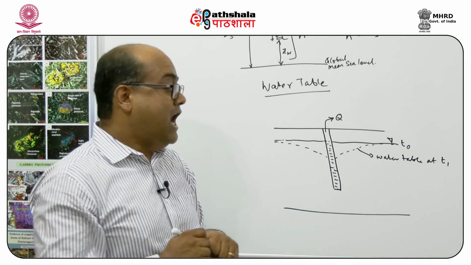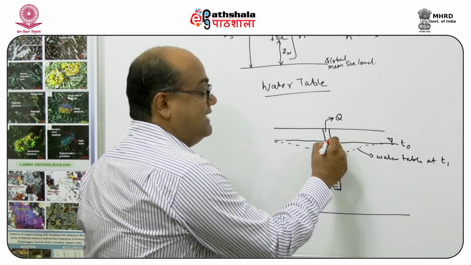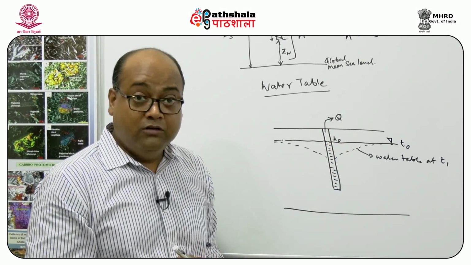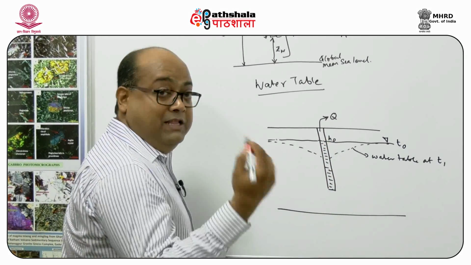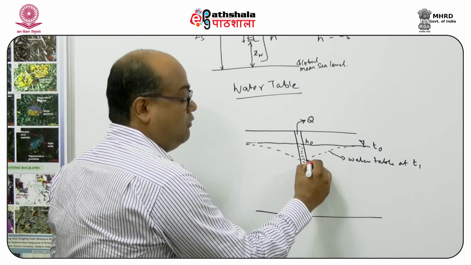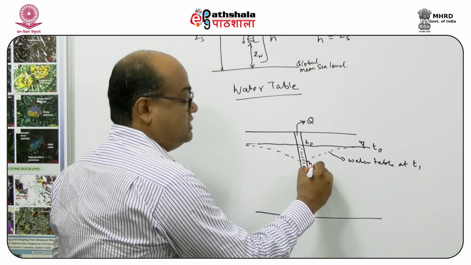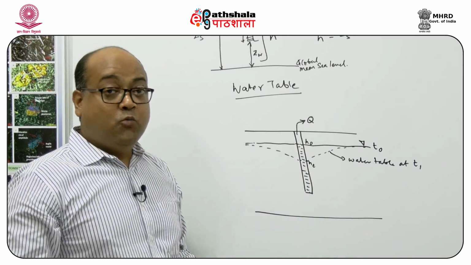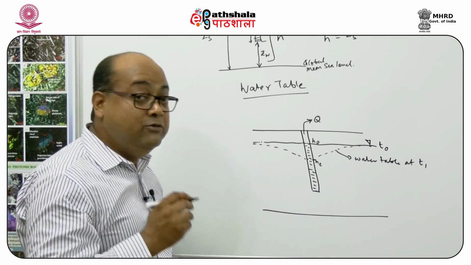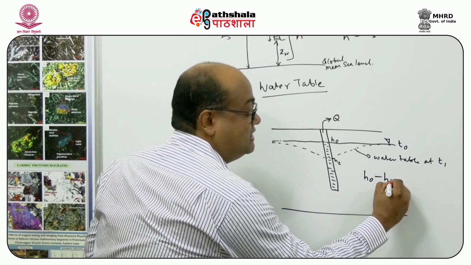Now if I represent the hydraulic head before the pumping has started as H0, and after the pumping has started, with the water level becoming like this, as HT, then the difference in the water table due to pumping is H0 minus HT.